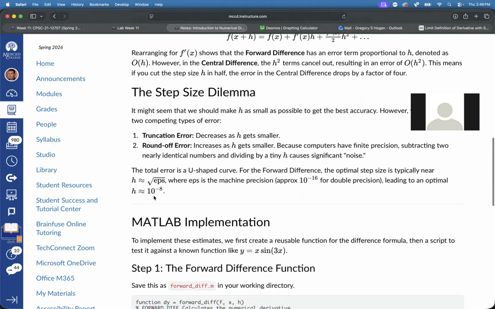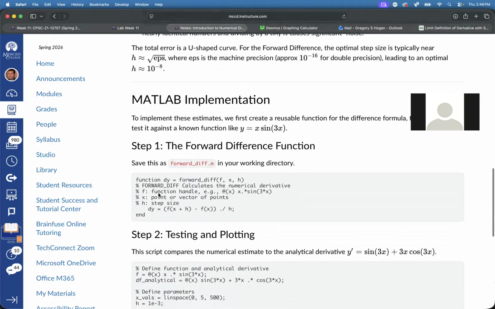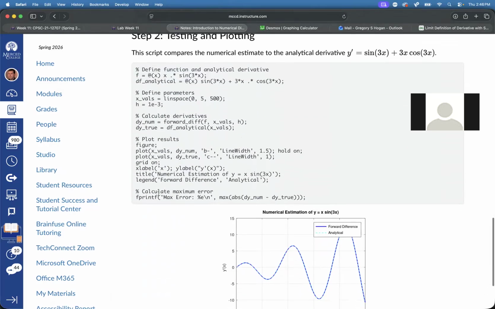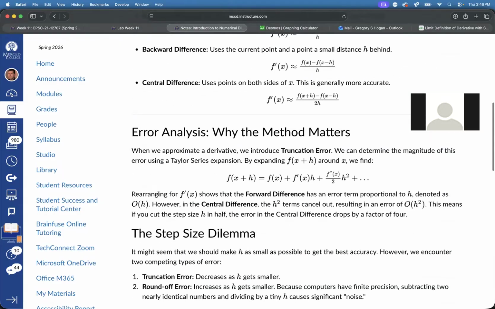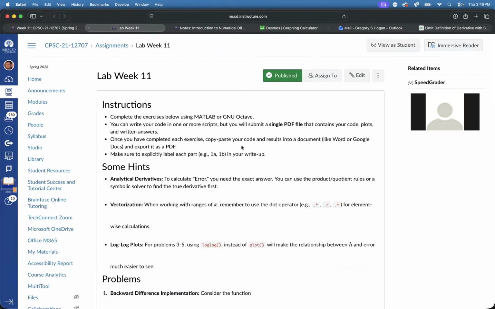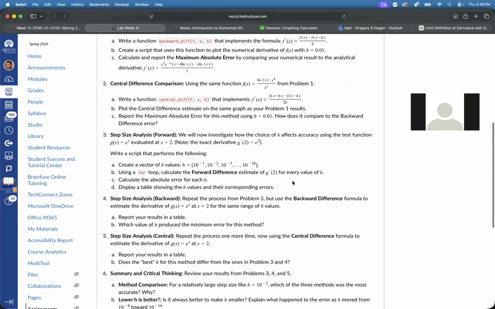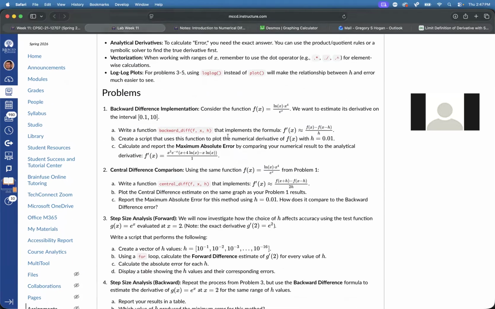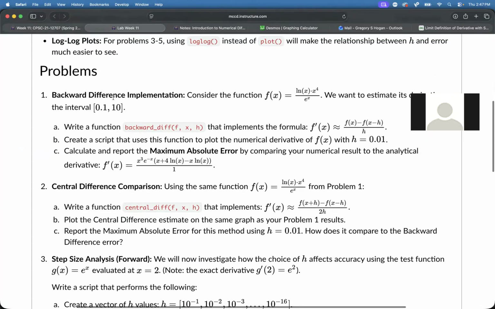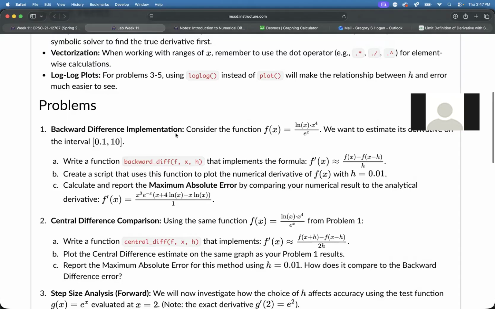And you'll see here that the H value of around 10 to the negative 8 is generally better. But you are going to investigate this yourself, okay? So in the lab, whoa, that also loaded incorrectly. In the lab, you're going to code up the backward difference, which is almost identical to the forward difference.